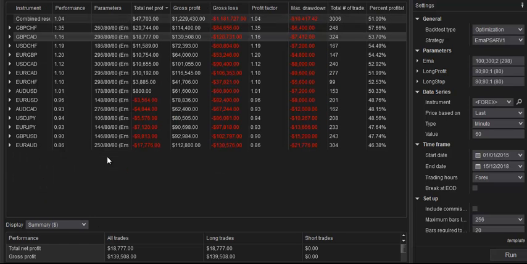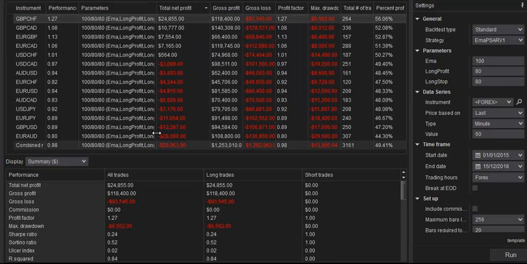The interesting thing to note is here we've got 1, 2, 3, 4, 5, 6 currency pairs that are still not profitable even though we've changed the EMA setting, so you want to stay well away from there. But over here with the 100 EMA, you can see there's a lot more: 2, 4, 6, 8, 9.